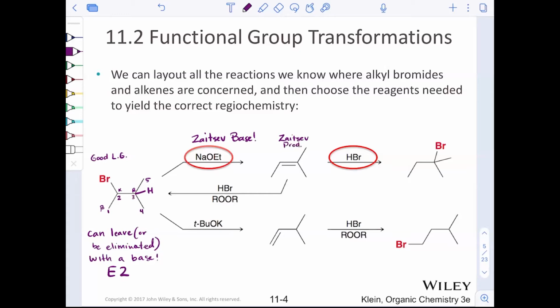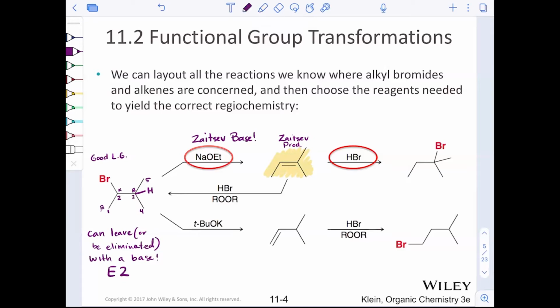These Zaitsev products are more stable. The more substituted your alkene, the more carbons around it, the more stable the alkene. So this is a tri-substituted alkene right here.